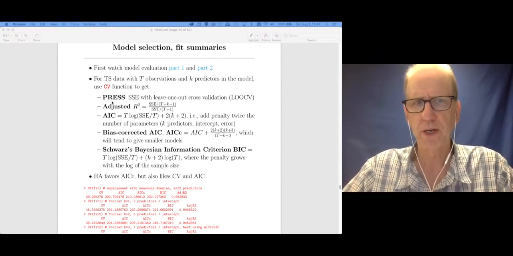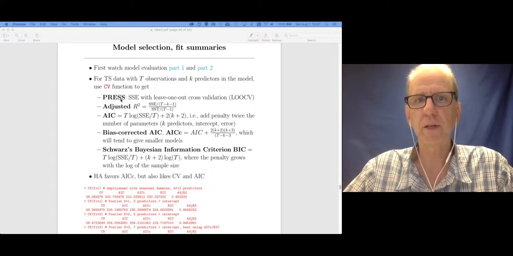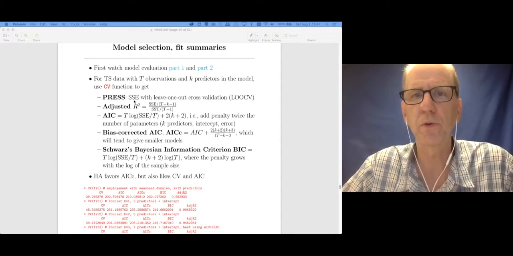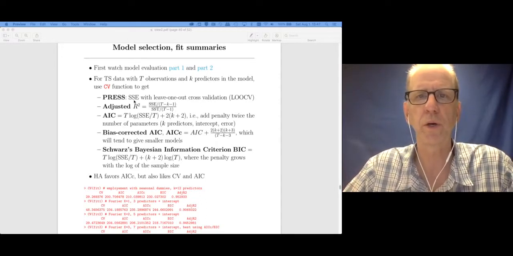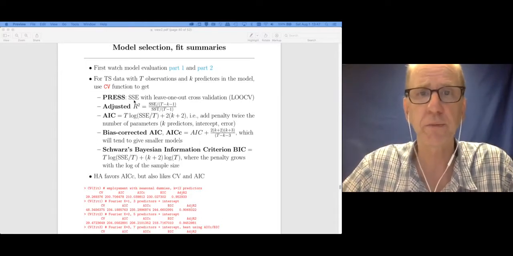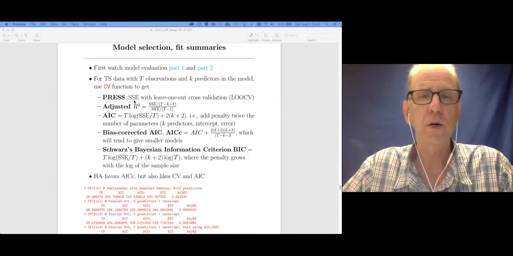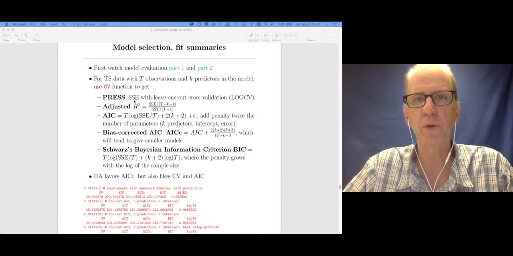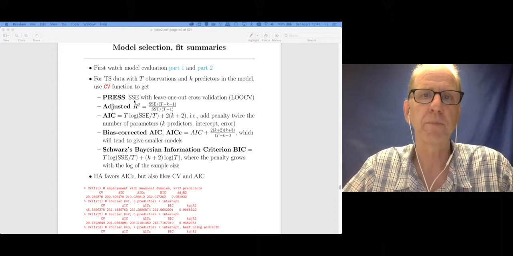The first is the predicted error sums of squares, which is leave one out cross-validation. As a review, leave one out cross-validation is what I would have called n-fold cross-validation back in machine learning. If you have n data points, you would have to fit the model n times.